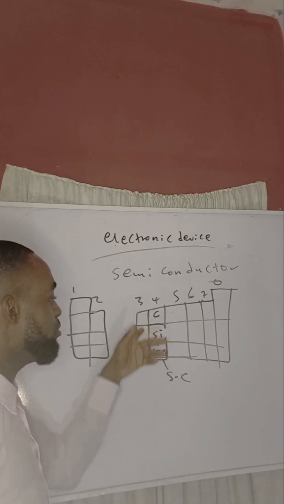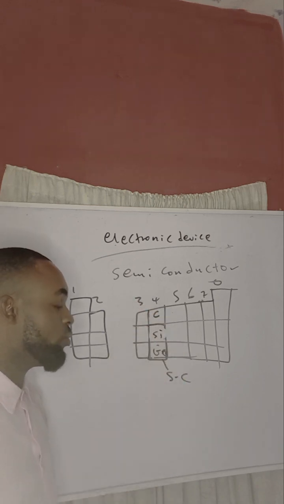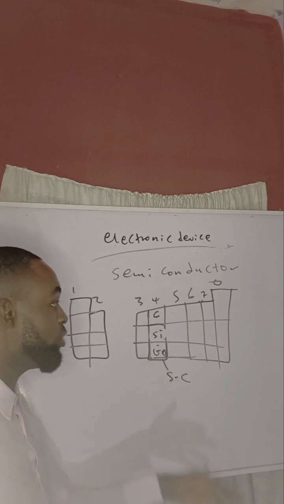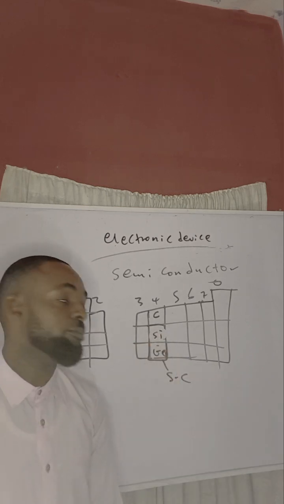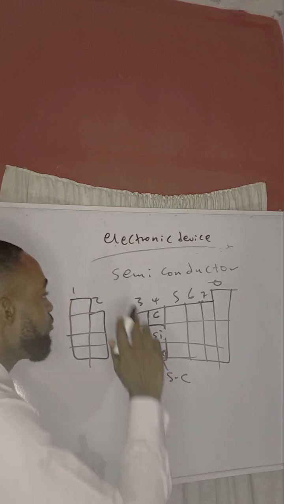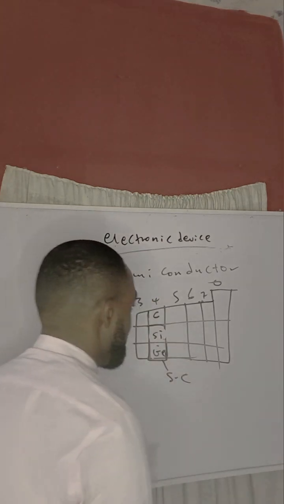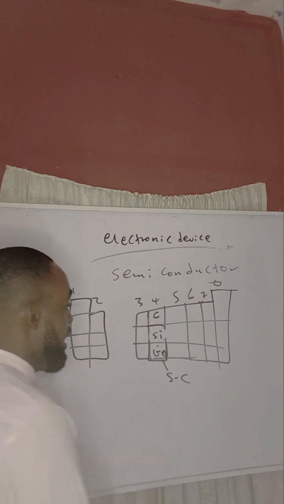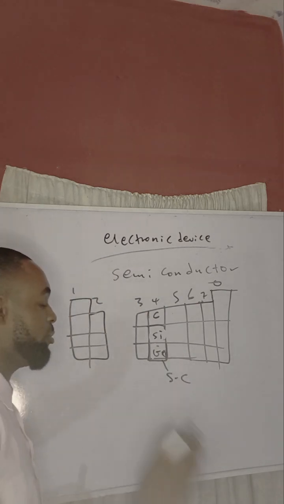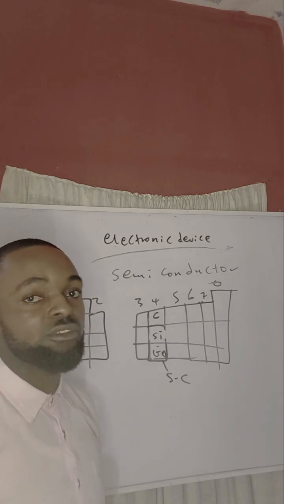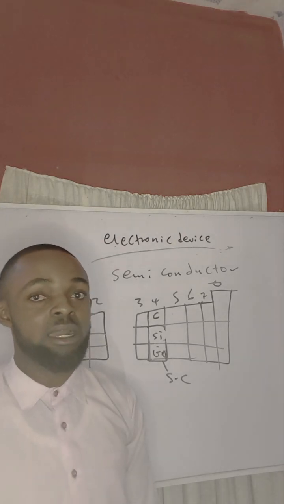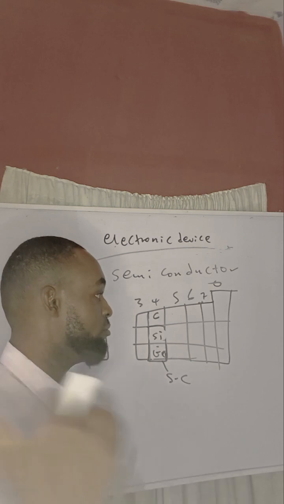The bond found here is called a covalent bond. The bond that exists between silicon or germanium atoms is called a covalent bond. Remember I said that semiconductors are elements found in group 4 of the periodic table, and I have also given the definition of semiconductor from our former topic.